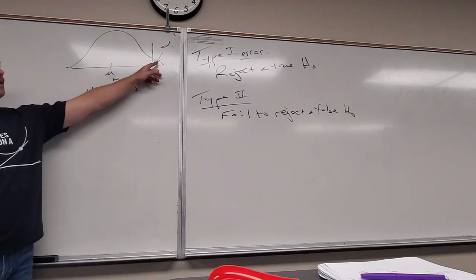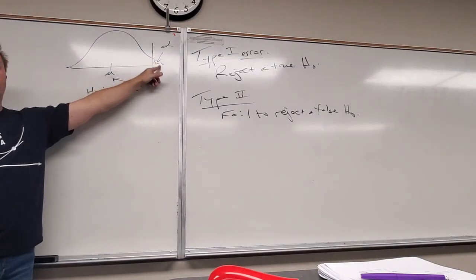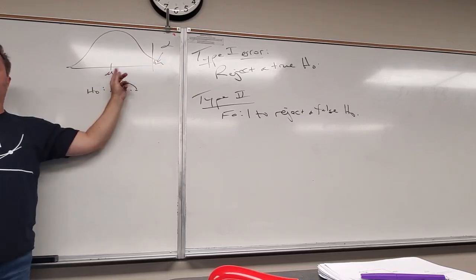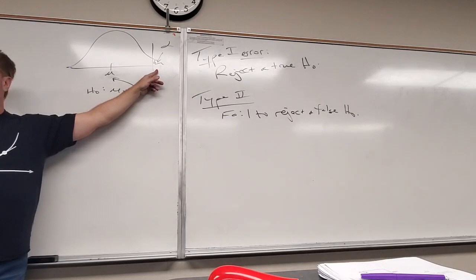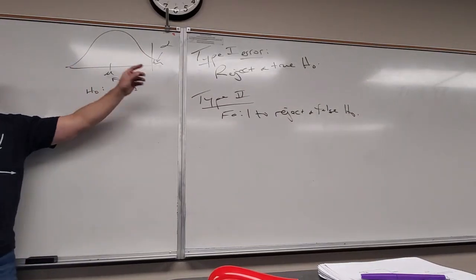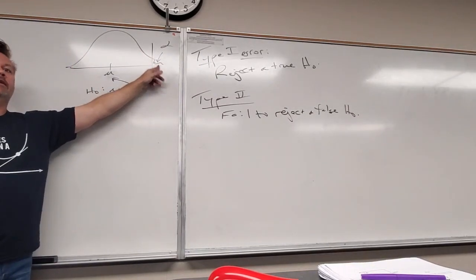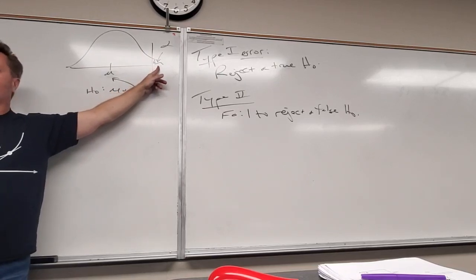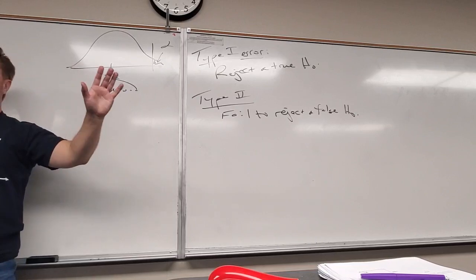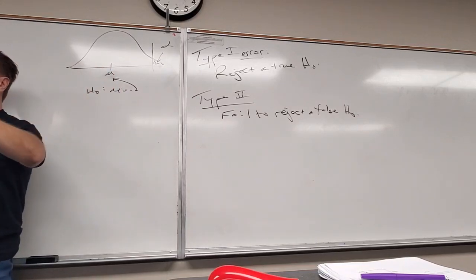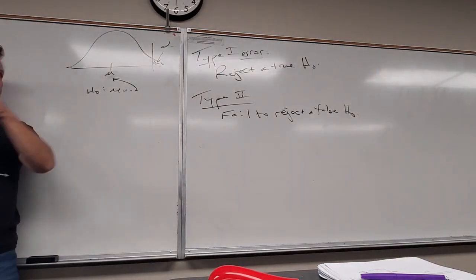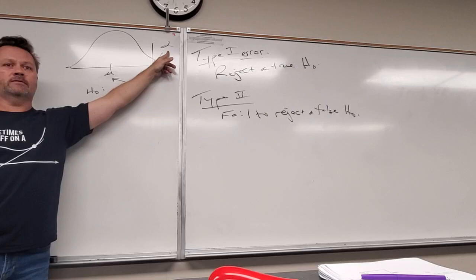What's the probability I get a sample here? What percentage of samples do show up here if that's the real mean? What percentage of samples are in here? I can read lips, you guys are awesome, I get practice with you all the time. Please continue doing that if that's how you feel comfortable, because at least that's some kind of answer. Alpha, right? Alpha's in there.